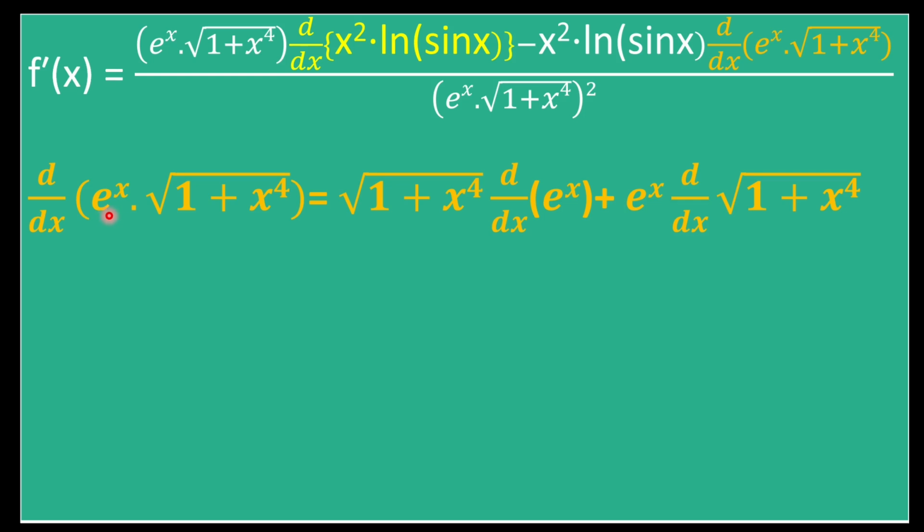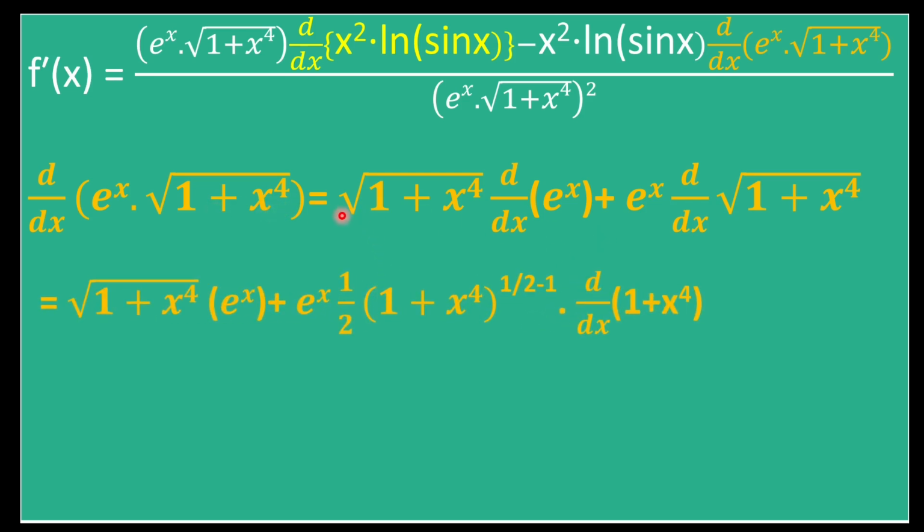So according to the product rule, differentiation of one term and the other as it is, and then differentiation of the other and the first term as it is. So let's differentiate this value according to the product formula. This will remain as it is, and the differentiation of e to the power x, and then e to the power x will remain as it is, and the differentiation of this value.